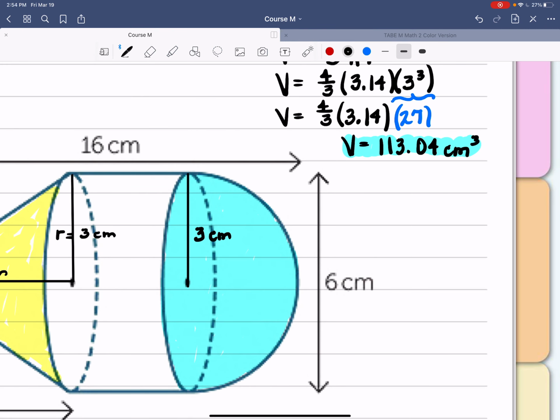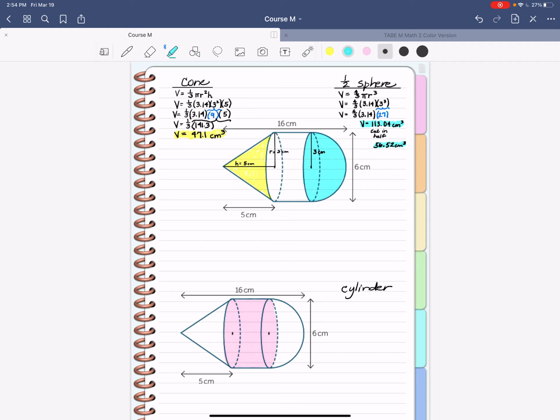So we need to cut this in half, which simply means divide it by 2. So 113.04 divided by 2 is 56.52 cubic centimeters. So I'm going to count that as the half of a sphere.